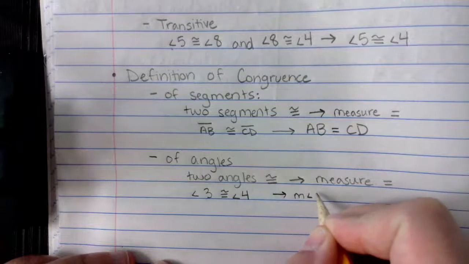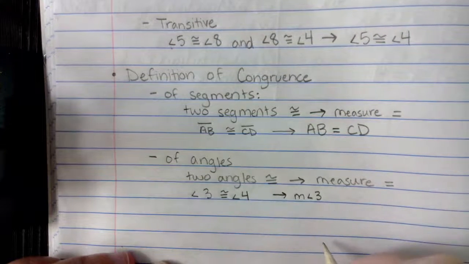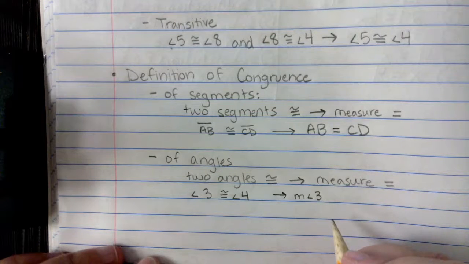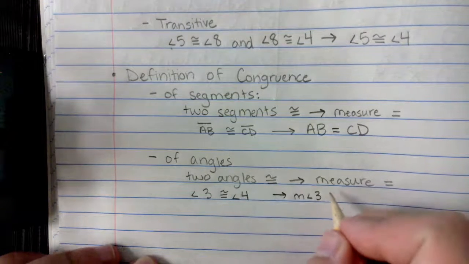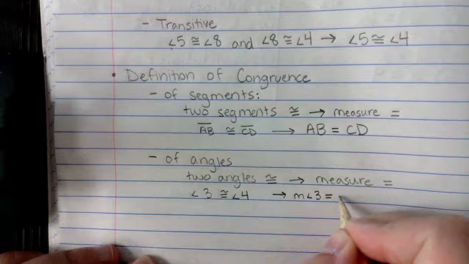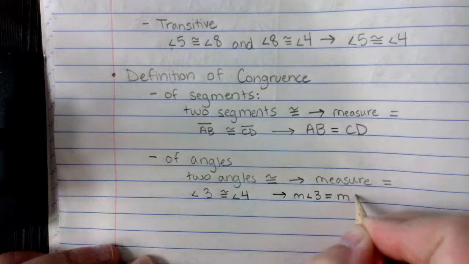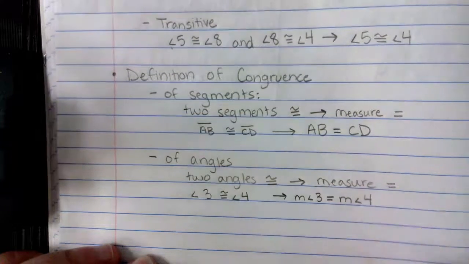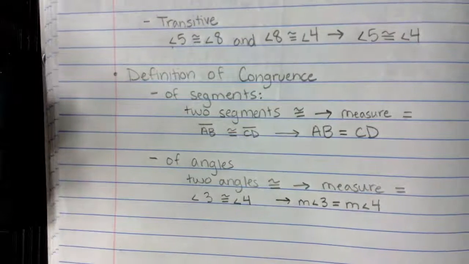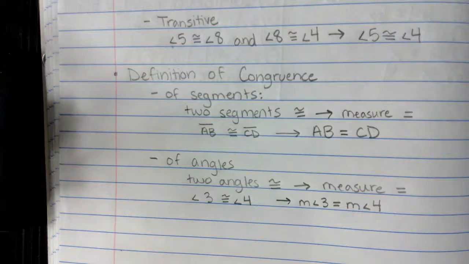Measure of angle 3, but instead of congruent, we're now going to say equals measure of angle 4. We're going to use that definition a lot for the next 2 weeks.